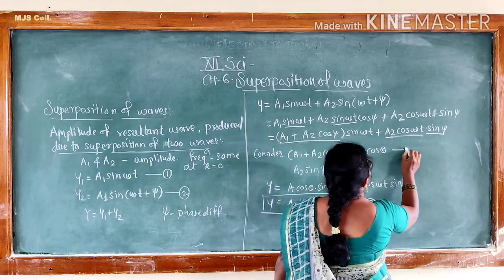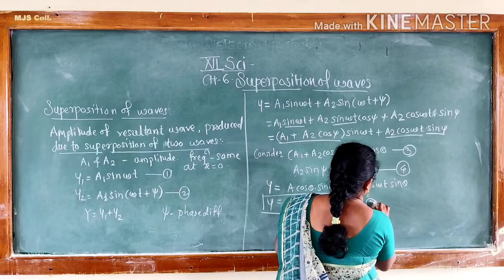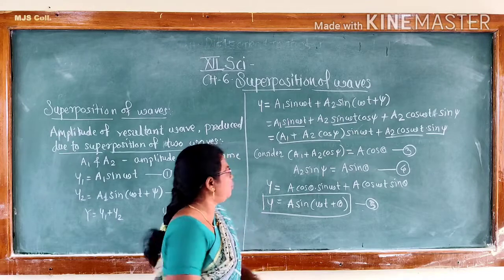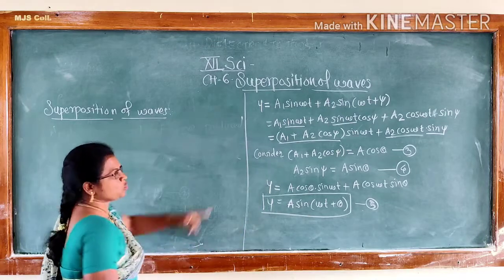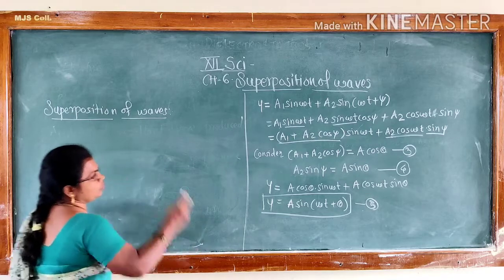So for that purpose, consider these equations. Suppose this is equation number 3, this is equation number 4. Then squaring and adding equation number 3 and 4, what will we get?